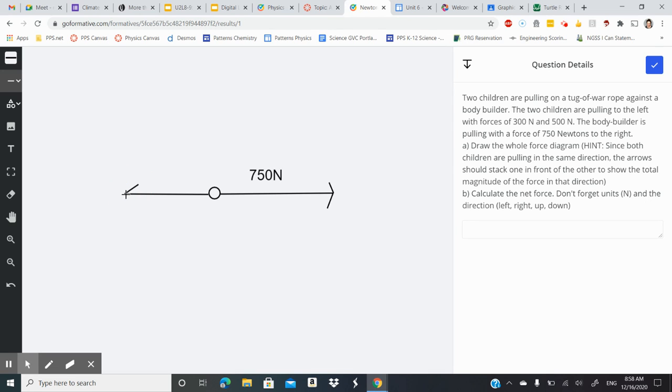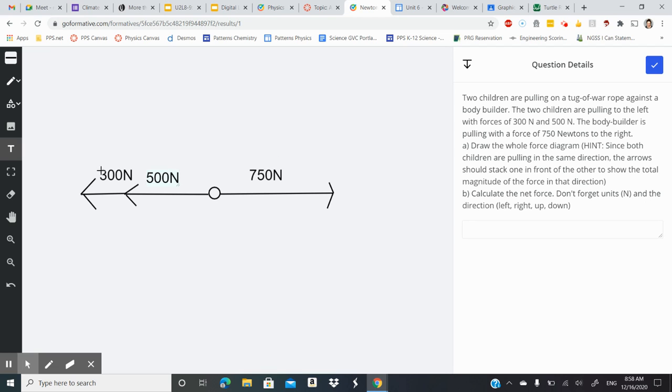Doesn't really matter which one you start with, but there's the 500. And here is the 300 right behind it. Hopefully that should look bigger than the 750. I don't know if I did it that way or not, but it should be. So this one is 300. And this one is 500.